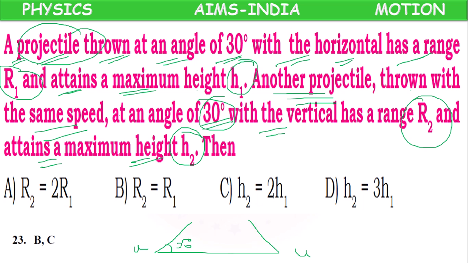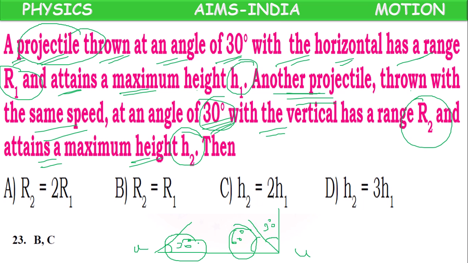At an angle 30 degrees with the vertical, not with the horizontal. With the vertical 30 degrees means with the horizontal 60 degrees. So to confuse us, they have given it like this, children. But we have to always consider the angle made with the horizontal, not with the vertical.